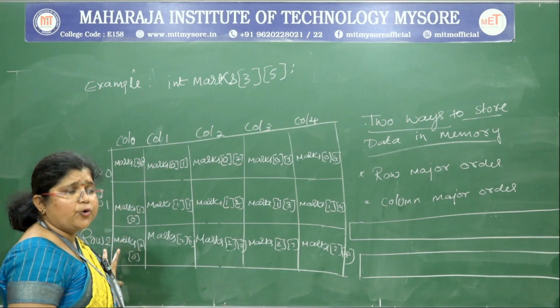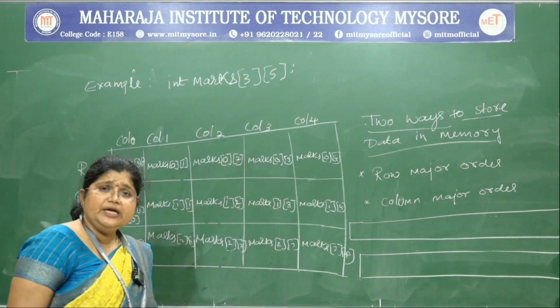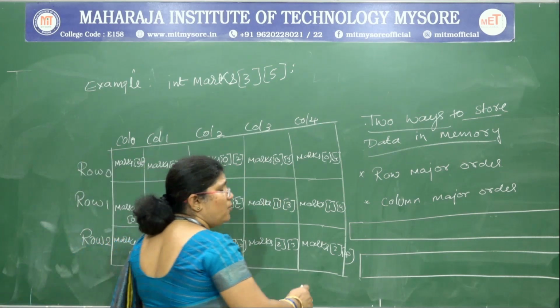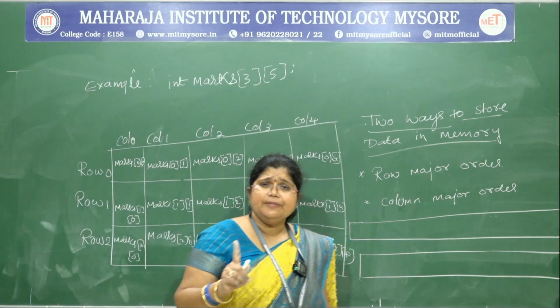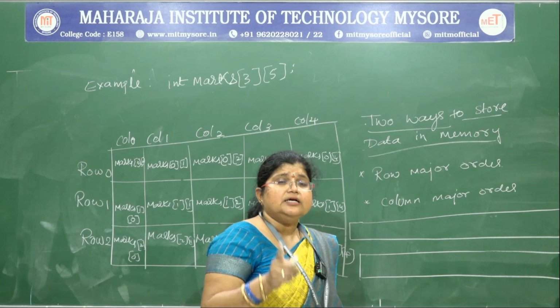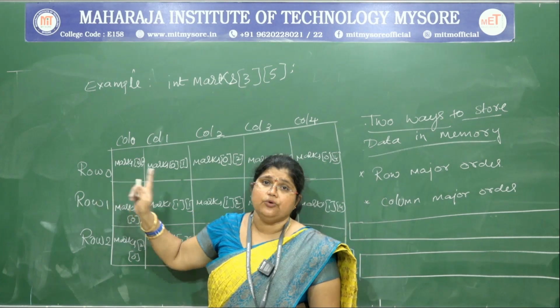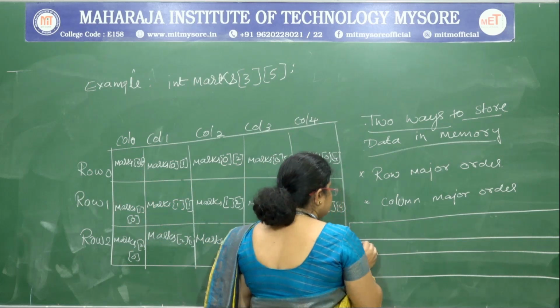When you consider row major, first the row wise elements are going to be saved. Always the first row elements are saved sequentially. The first row is represented with the index 0. So now let us look here.